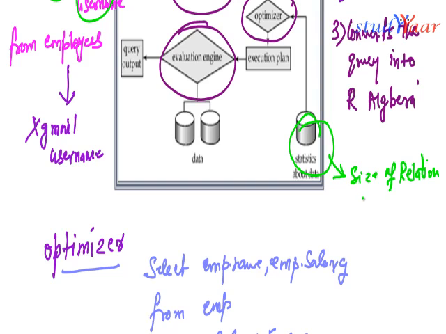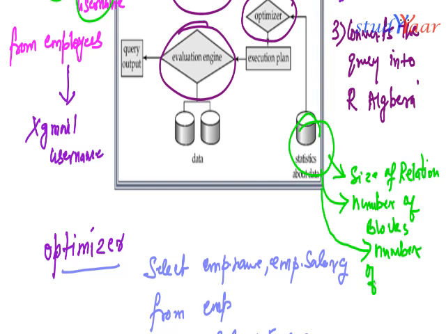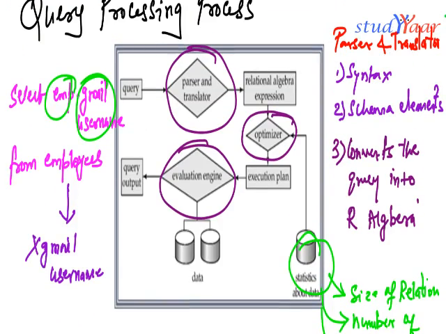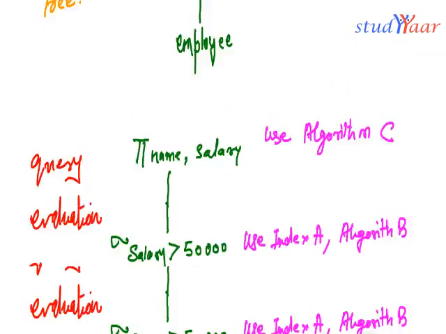If it is, let's suppose, 10,000 records, I would have to see 10,000 records, and that would be my cost. Then it would have the number of blocks being used to store the relation. It could have the number of records in the relation. Does it have an index or not? All such information is stored in statistics, which is used to arrive at a particular cost.